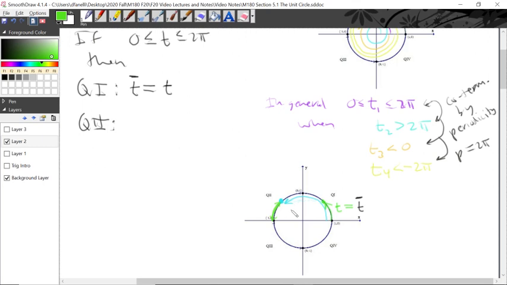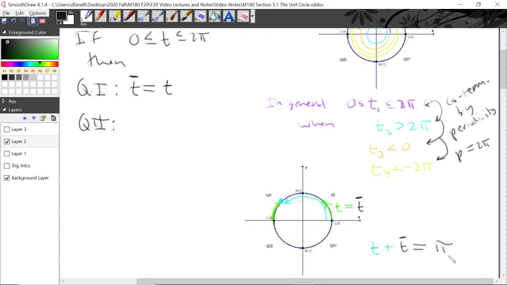Well, notice then that t, the blue distance, plus the reference number, t bar, has to equal pi. The blue distance plus the remaining green distance have to add up to pi.